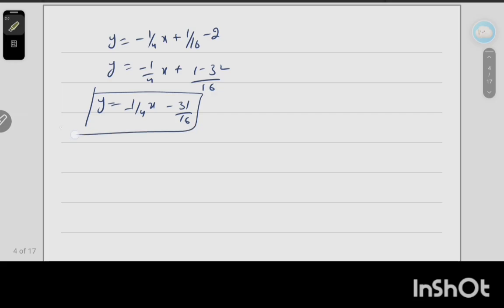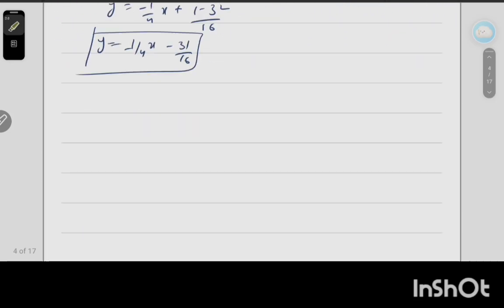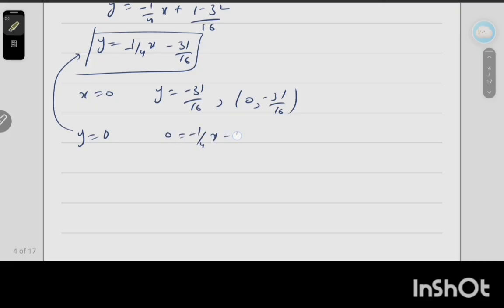We get the equation of the perpendicular line. Okay, after we get y equal to minus 31 by 16, 0 and minus 31 by 16. If we put y equal to 0, this is 0, minus 1 by 4x minus 31 by 16. We have to solve this one.